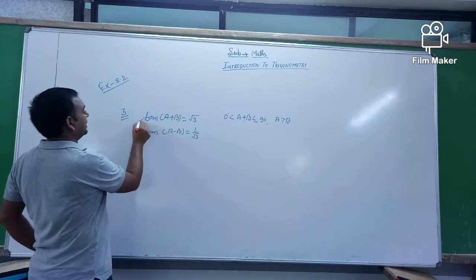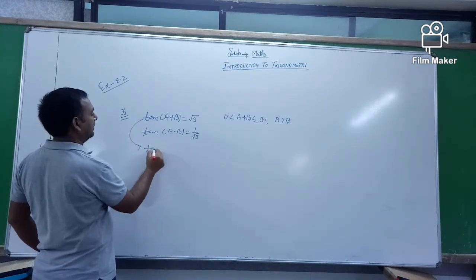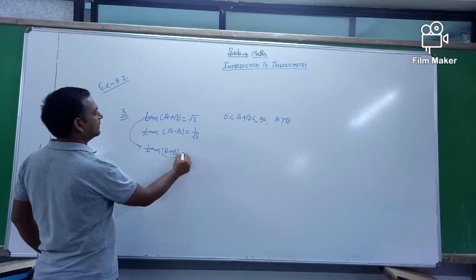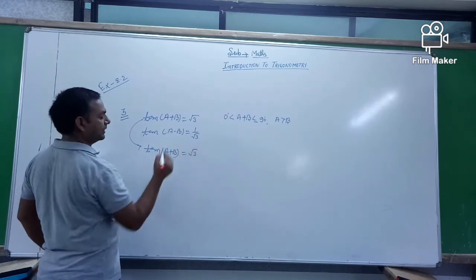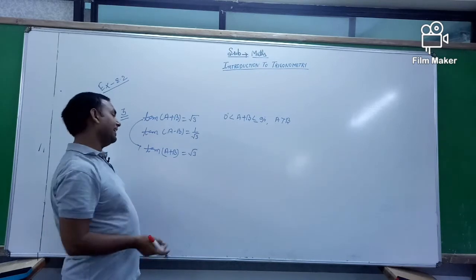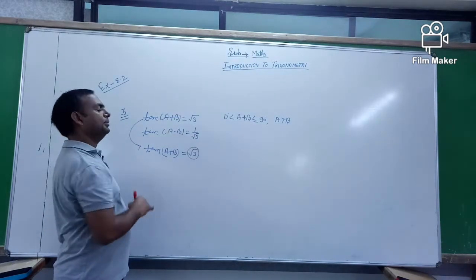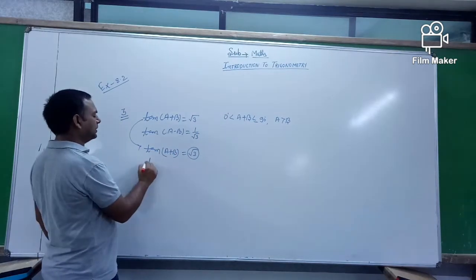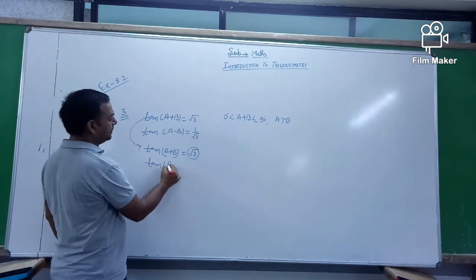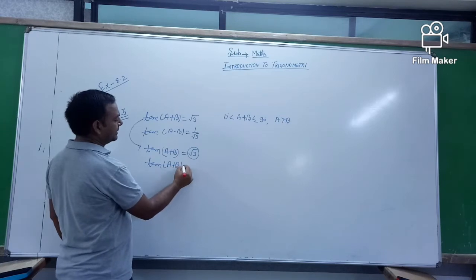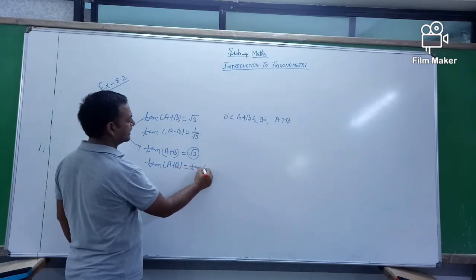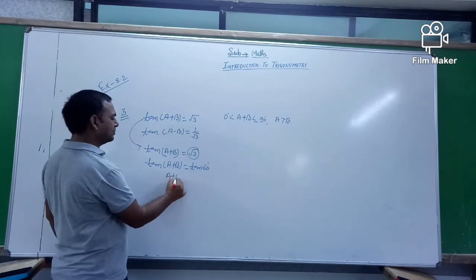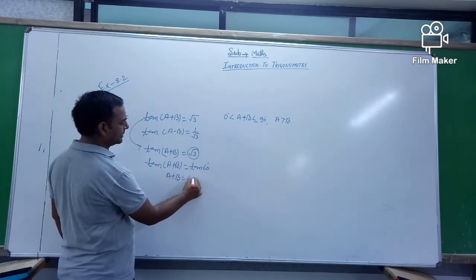Here, tan of A plus B is equal to root 3. Then you see at which angle tan is equal to root 3. Tan 60 is equal to root 3. So tan of A plus B is equal to tan 60 degrees. Removing tan from both sides, A plus B is equal to 60 degrees.